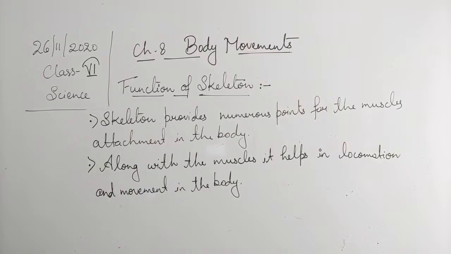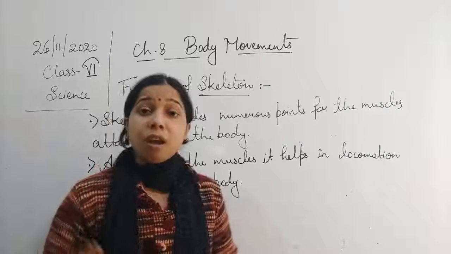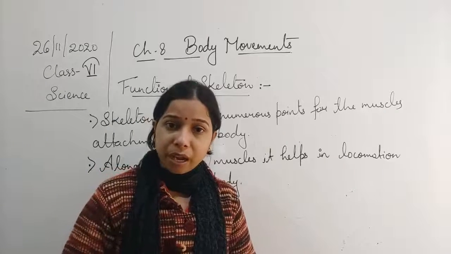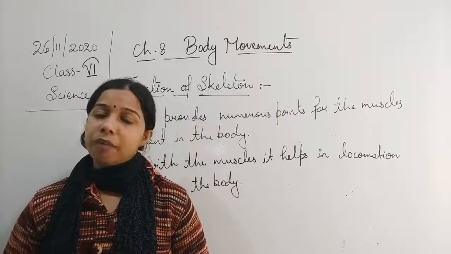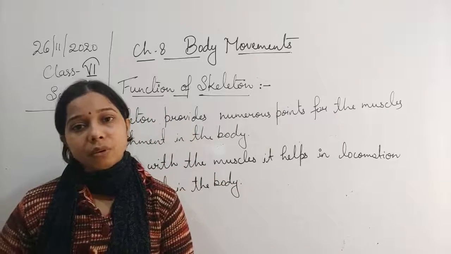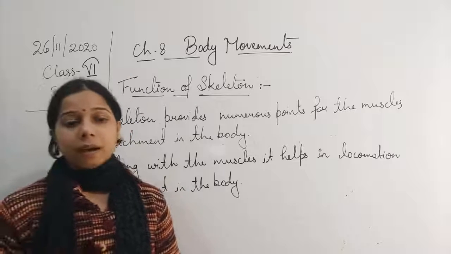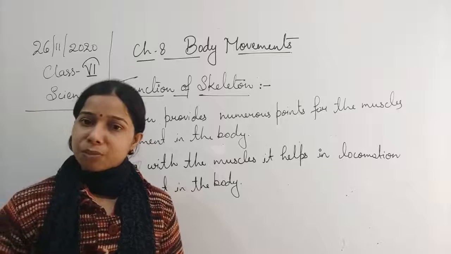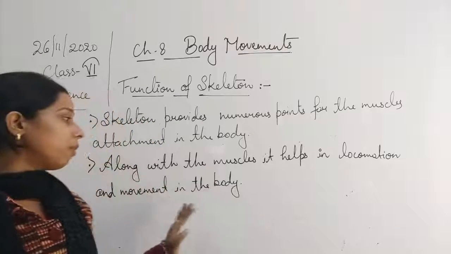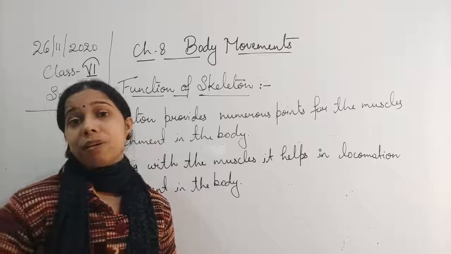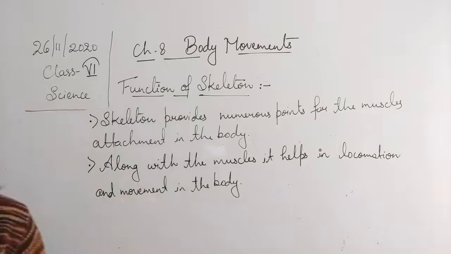This is the function of the skeleton, students. Let me remind you the first function, that it helps in holding the body together, as well as providing shape to the body. Okay, our different shapes are because of the skeleton only. Then the second thing, students, that it gives different points for the attachment of the muscles, and along with the muscles and the bones, they help in locomotion, in changing place as well as the movement of the body.